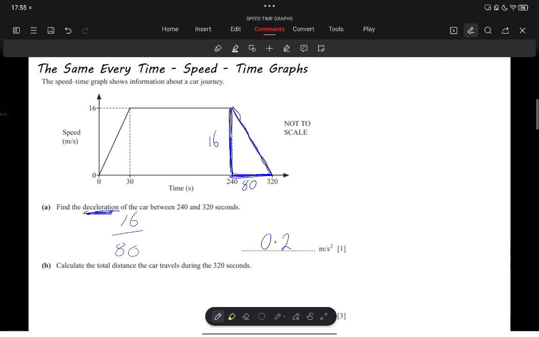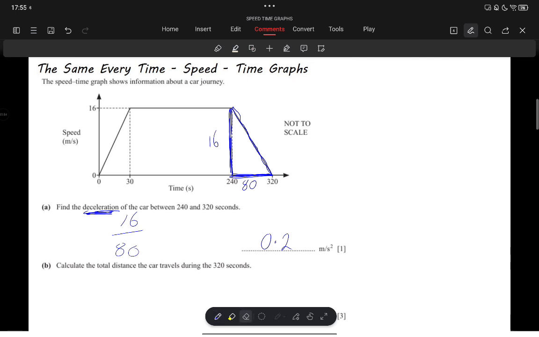So if they ever ask you for deceleration, they need a positive number. Forget about the negative sign of the gradient. The gradient is negative 0.2 because it's a negative gradient, but the deceleration is just the 0.2. The word itself, deceleration, tells us that it is negative. If you write negative 0.2 for your answer there, they will not give you the marks for that.